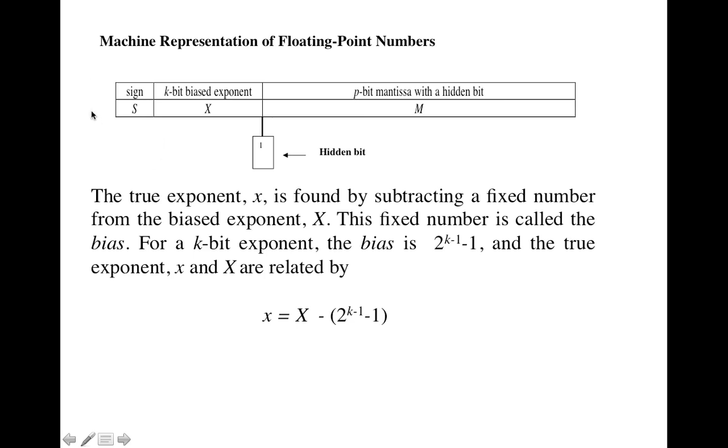That is, the representation of A with the biased exponent cascaded with the mantissa is less than that of the biased exponent of B and the mantissa of B.